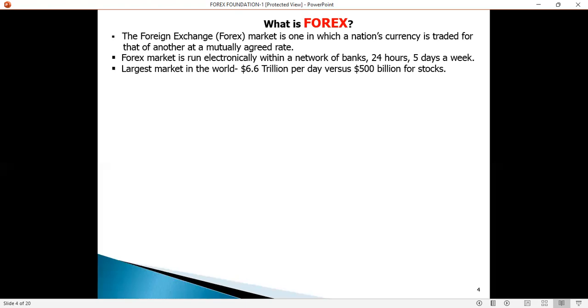Based on what I read on Wikipedia a few months ago, it's now over 7-point-something trillion. At the time this slide was prepared, the Forex market was 6.6 trillion per day. This is the type of market you want to put your investment in, provided you have the right knowledge.